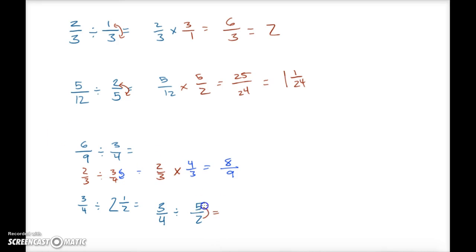This is going to equal my dividend, 3/4, times the reciprocal of my divisor, times 2/5. Okay, 3 times 2 is 6, 5 times 4 is 20, and I can simplify that. I know 2 goes into both of them, so 6 divided by 2 gives me 3, 20 divided by 2 gives me 10, so 3/4 divided by 2 1/2 gives me 3/10.